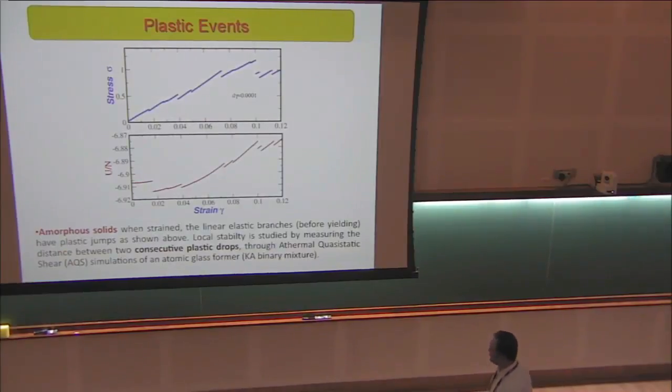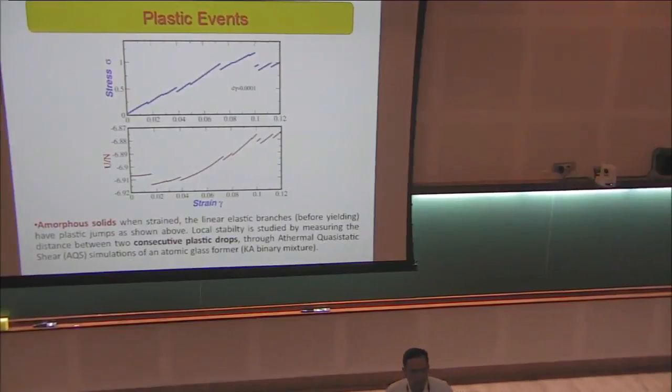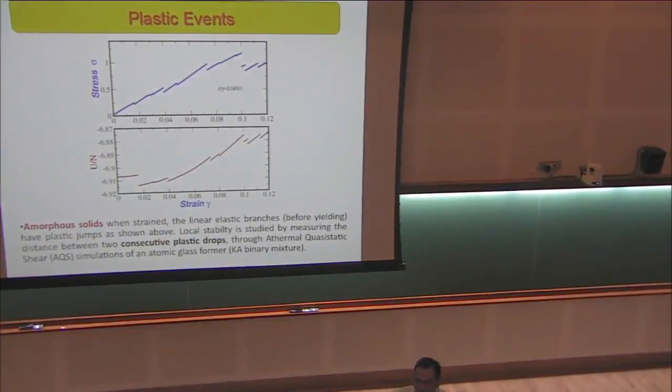And these are what I will be referring to as plastic events. We are interested in looking at the statistics of how long it takes before the next event happens. Athermal quasi-static simply means that I'm always going to be sitting at a local energy minimum, and any structural change happens only when the particular local minimum that I'm sitting in becomes unstable.